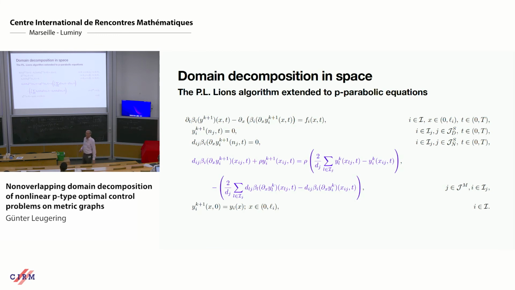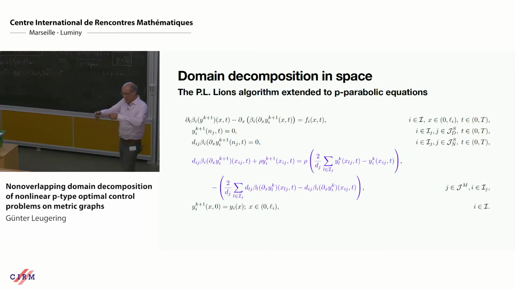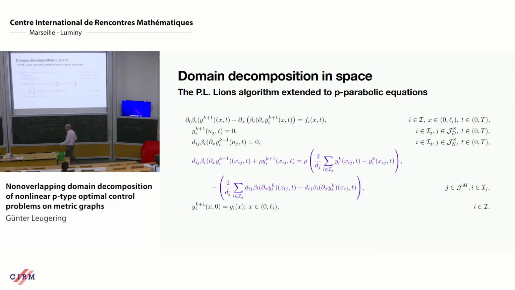Why not take, very blindly maybe, just the Pierre-Louis Lions type domain decomposition for this p-parabolic problem on the network? What you see here is precisely the Lions ansatz. What you see here is completely awkward, but it is exactly what you get if you have more than just one edge, right?